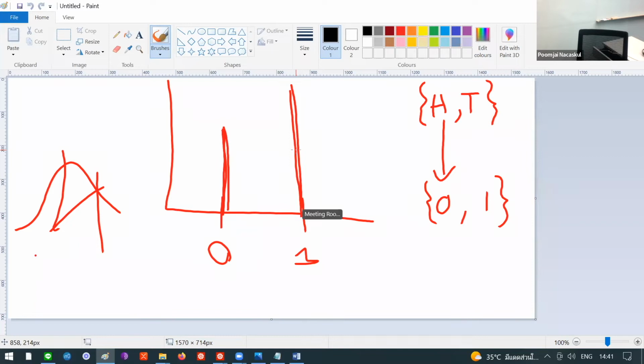But because I want to obey the same convention, instead of saying that the integral or the area under the curve adds up to 1, I'm going to say this length plus this length is equal to 1. Can I do that? Right? So it's a different concept. It's a different way of looking at the graph.